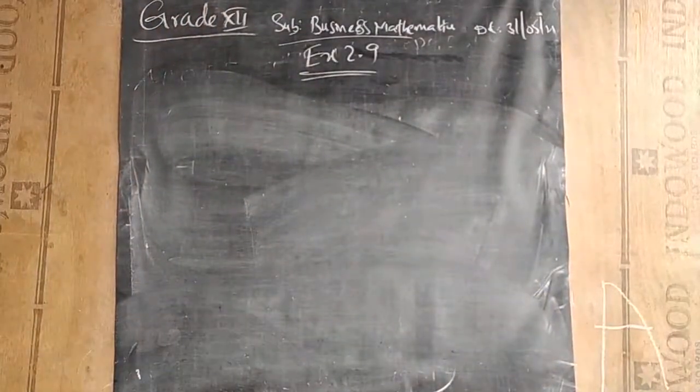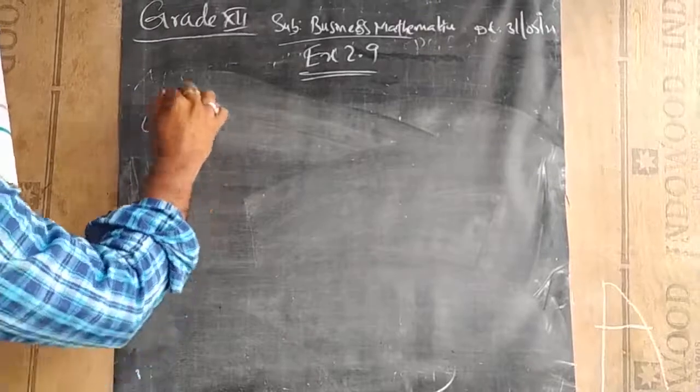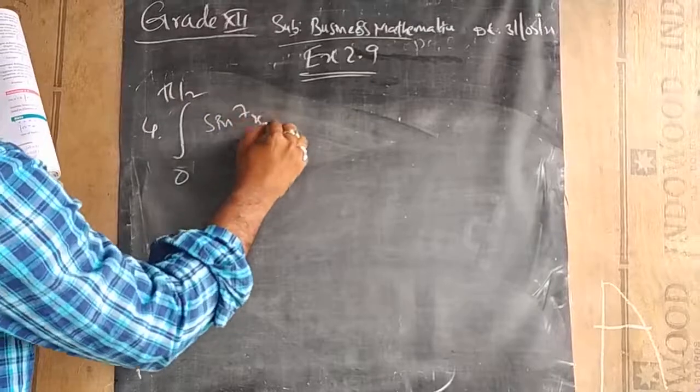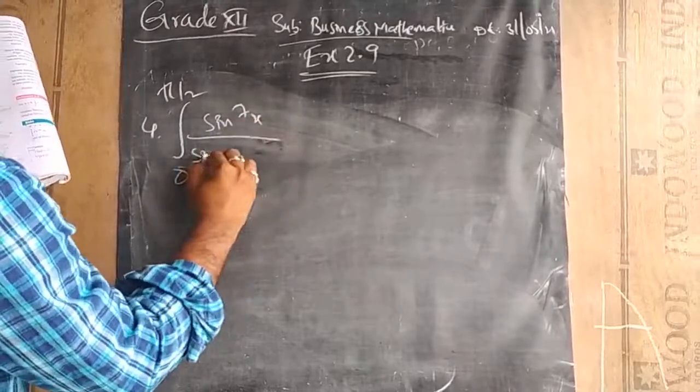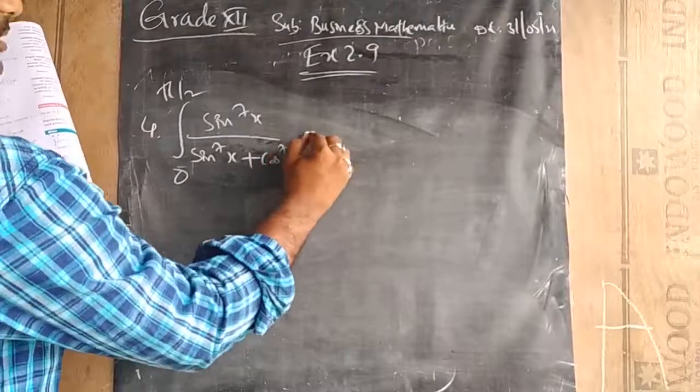Question number 4. Integral 0 to pi by 2 of sin power 7x by (sin power 7x plus cos power 7x) dx.